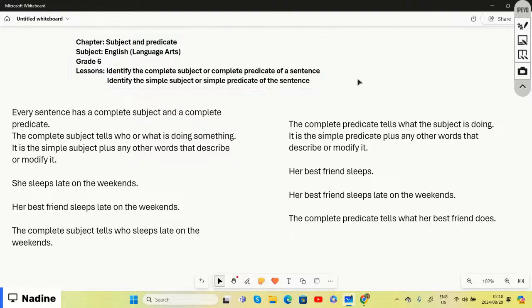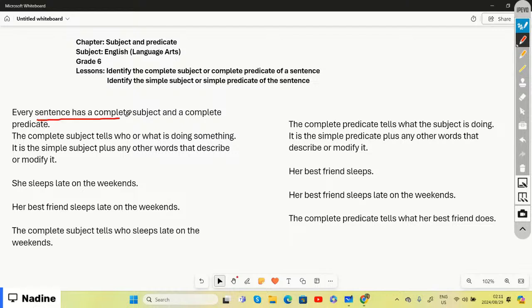And if we look at our example, before we go into our example, we say that every sentence has a complete subject and every sentence has a complete predicate, right? So the complete subject tells us either who or what is doing something.